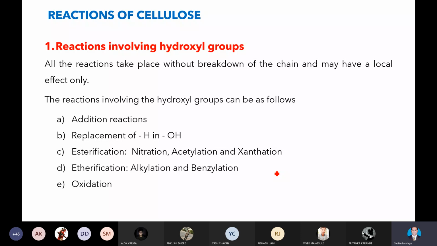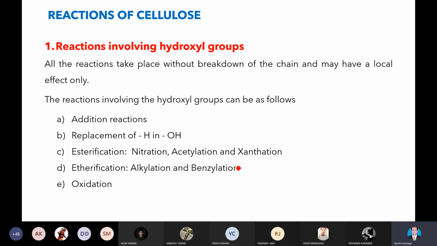So whatever these four different types of hydroxyl groups we have, always remember the or: in amorphous, primary and secondary, that is common. Then or in amorphous and crystalline, and in amorphous and crystalline. So all these four possibilities of reaction of the hydroxyl groups undergo different types of reactions.